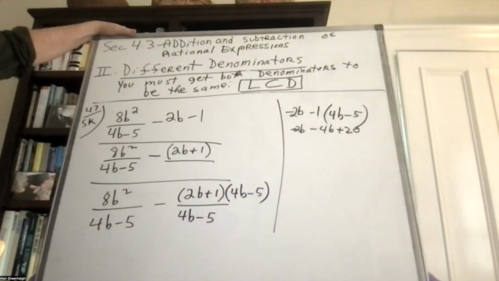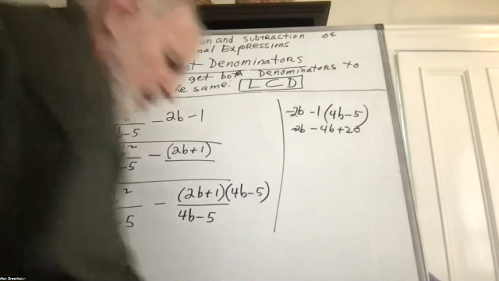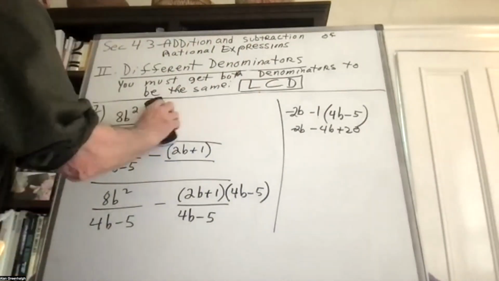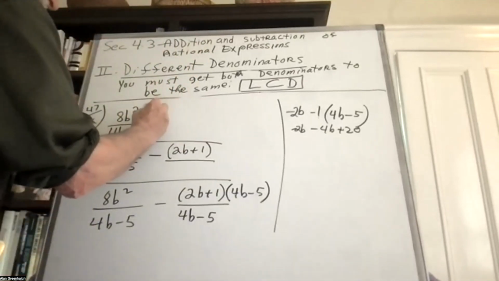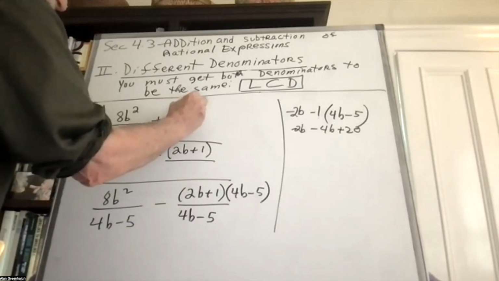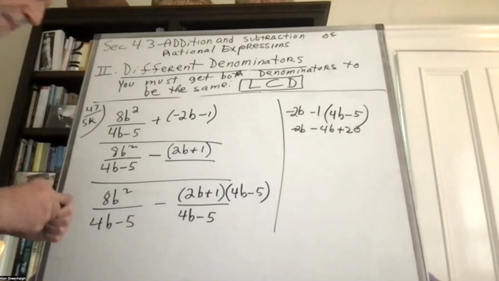Just take 2b minus 1 between parentheses over 1, let's say. You mean make this into this? What do you want to do?